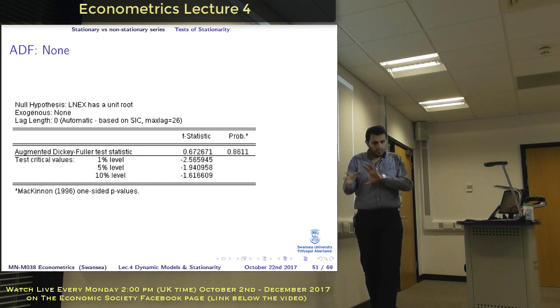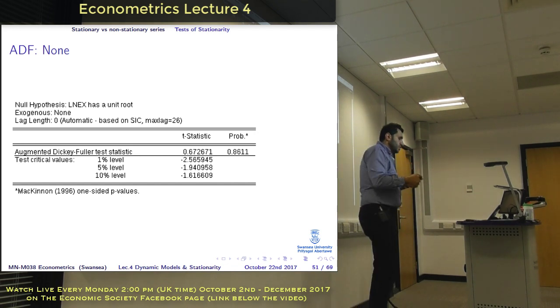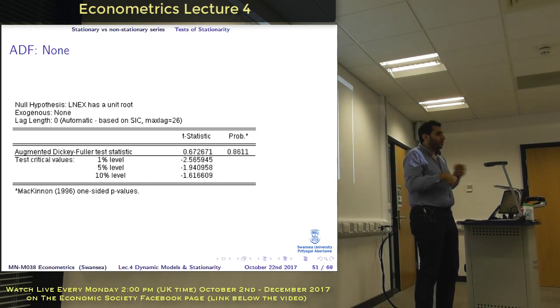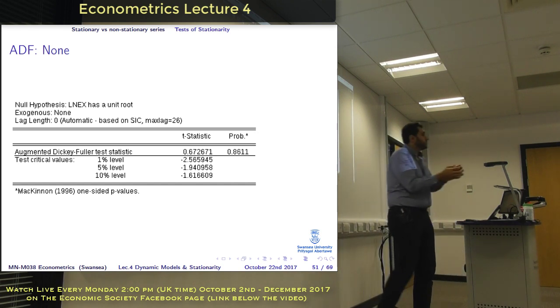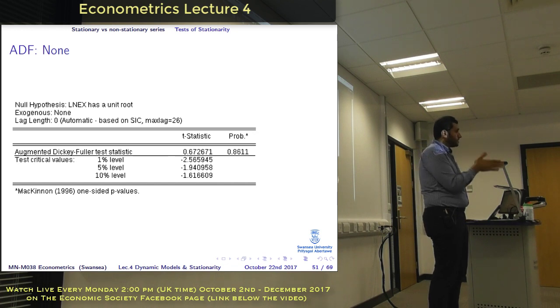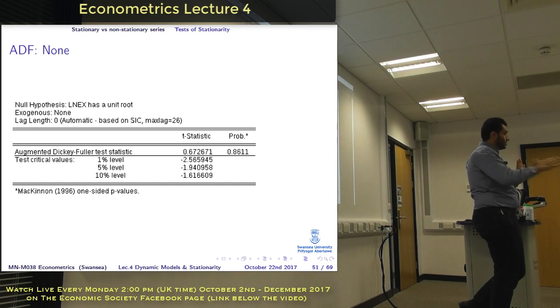So let's go back to the idea here. Before we discuss how to convert a non-stationary series to a stationary series, let's just sum up quickly. What is a stationary time series? It means its mean and variance are constant over time, and the covariance between two points just depends on the distance between the two points in time, not on time itself.